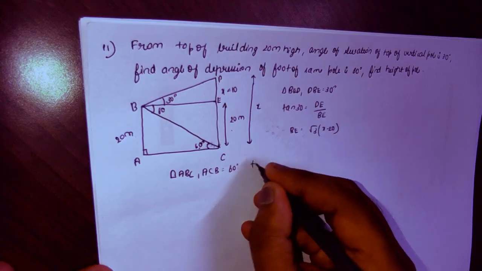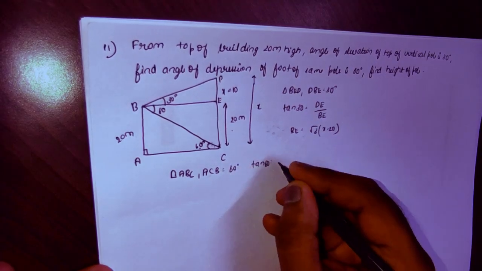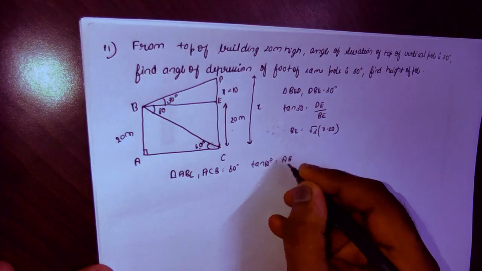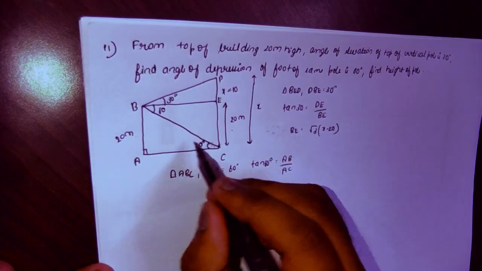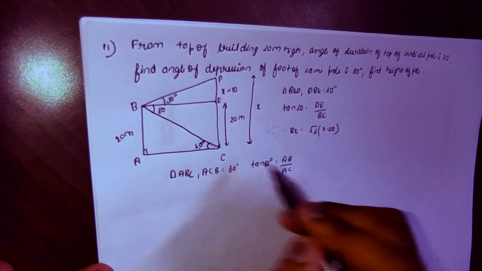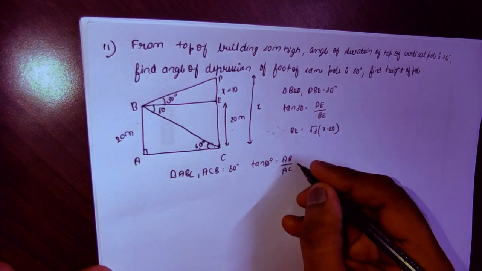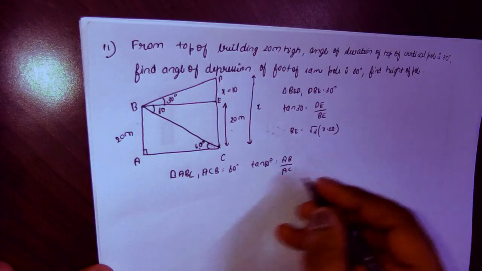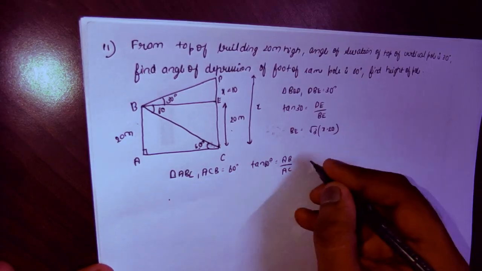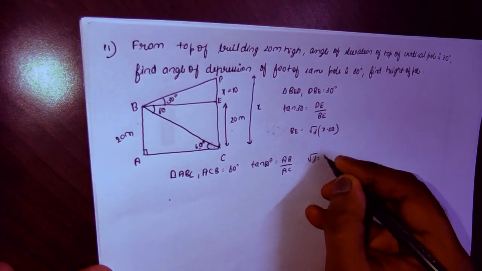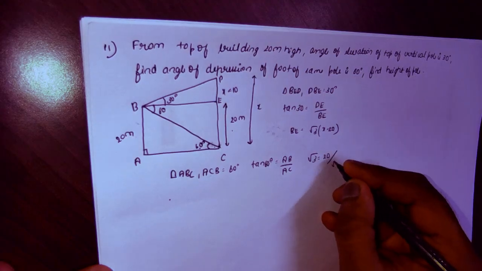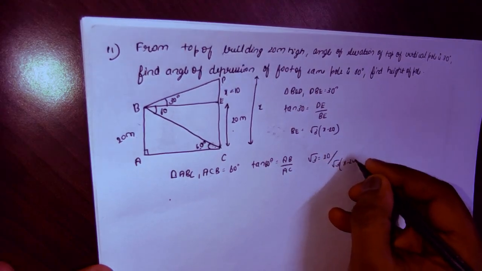Angle ACB is 60 degree. So tan 60 is equal to AB by AC, that is opposite by adjacent. Opposite by adjacent side, that is AC. We substitute the values. That is root 3 is equal to 20 divided by root 3 into x minus 20.